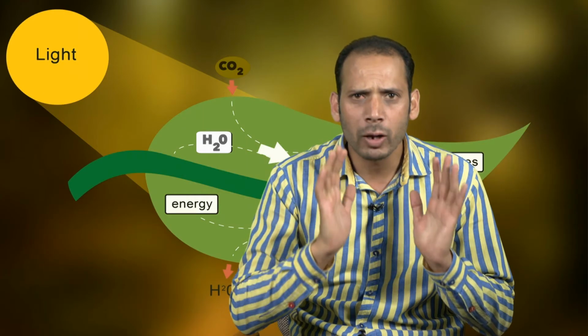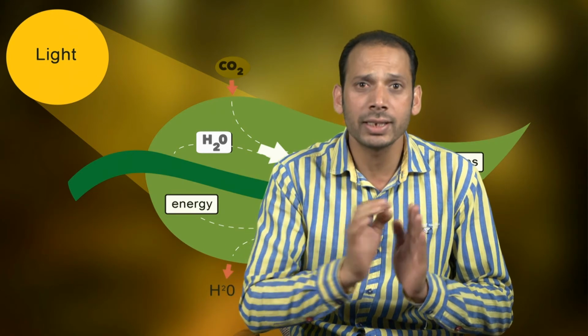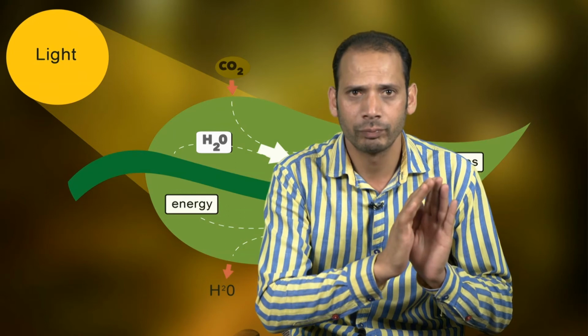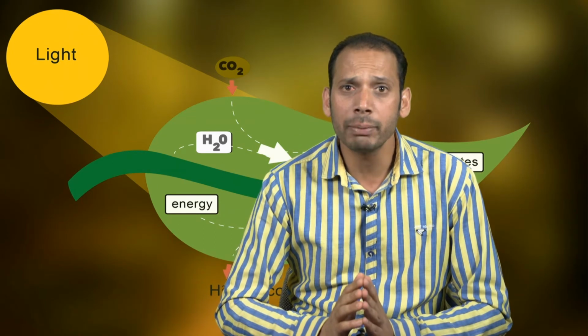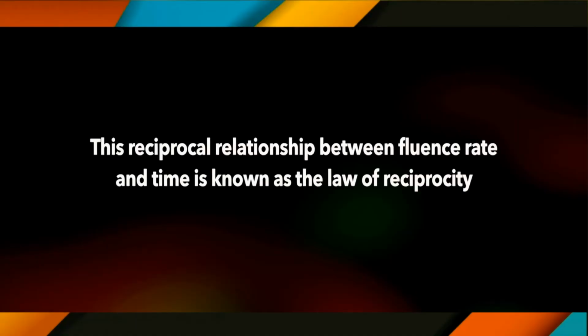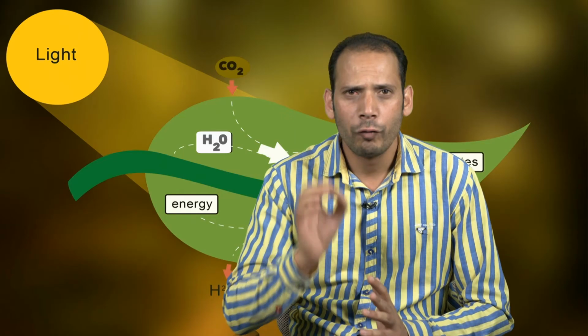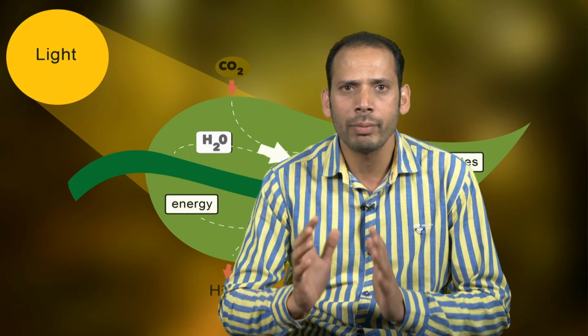Thus, a brief pulse of red light will induce a response provided that the light is sufficiently bright, and conversely, very dim light will work if the irradiation time is long enough. This reciprocal relationship between fluence rate and time is known as the law of reciprocity. Very low fluence responses and low fluence responses both obey the law of reciprocity.